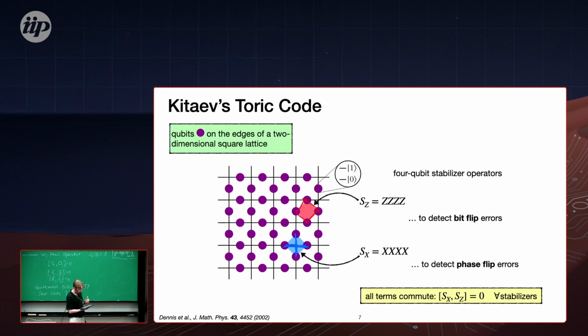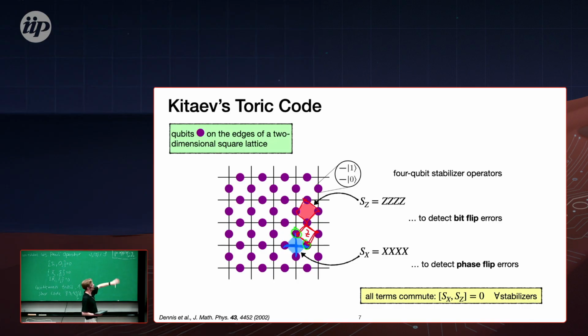And as you can see, every plaquette and every vertex always share 2 qubits. So if I place the next plaquette of Z stabilizers here, we can see that it overlaps with the neighboring X stabilizer on 2 qubits. And therefore, they anti-commute once, they anti-commute a second time, the X and the Z, and these operators commute.